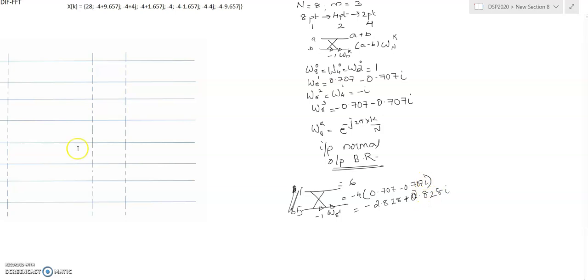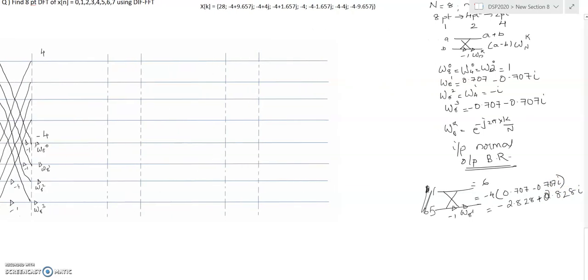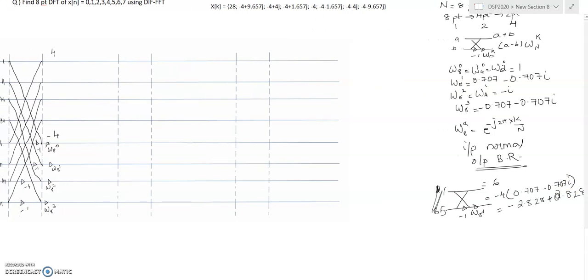So we'll place it over here. We'll have 6 here, and we will have minus 2.828 plus 2.828j as the second output.